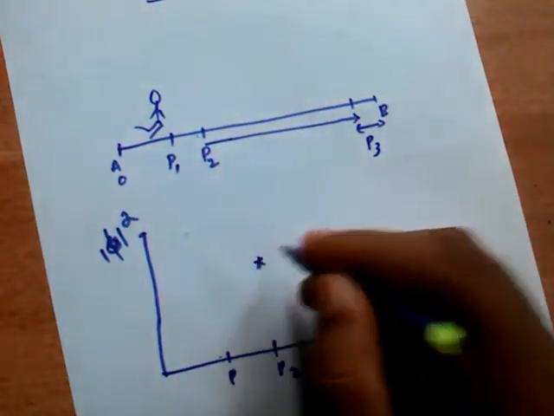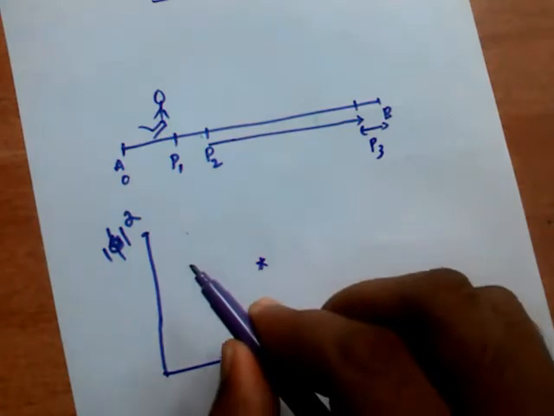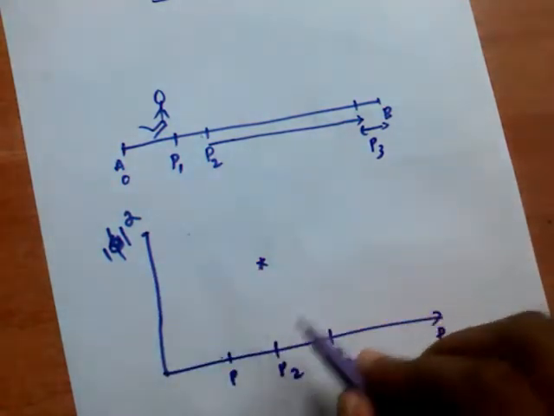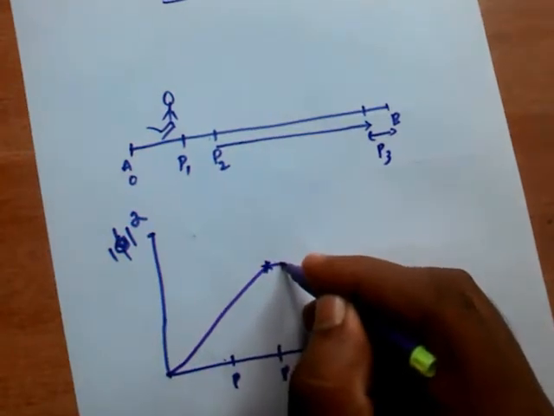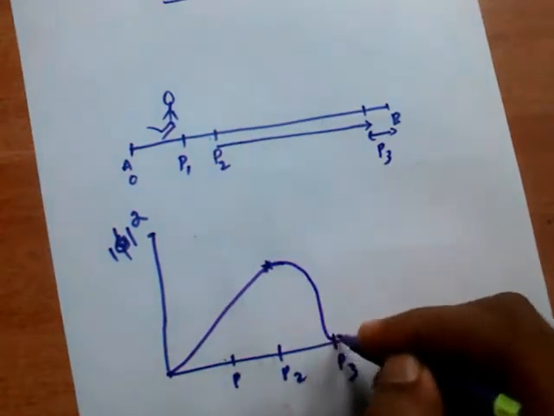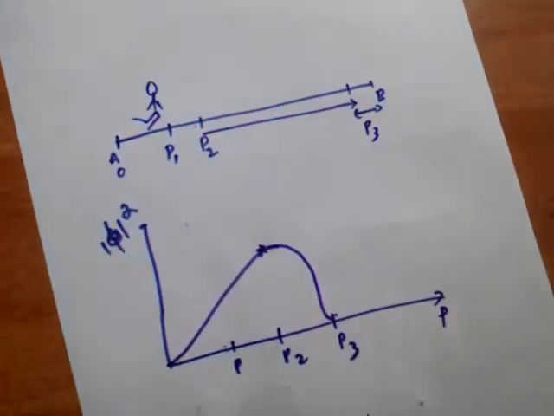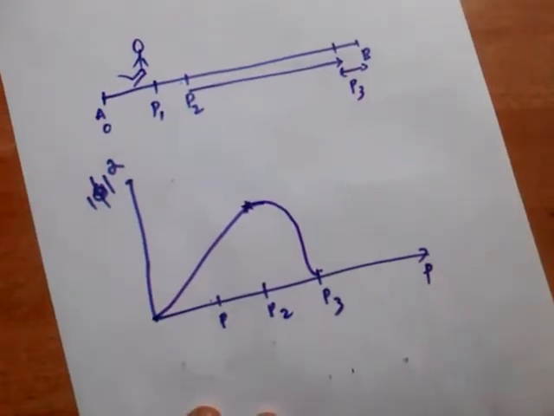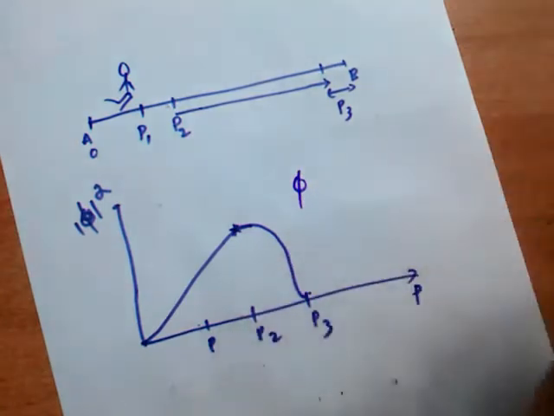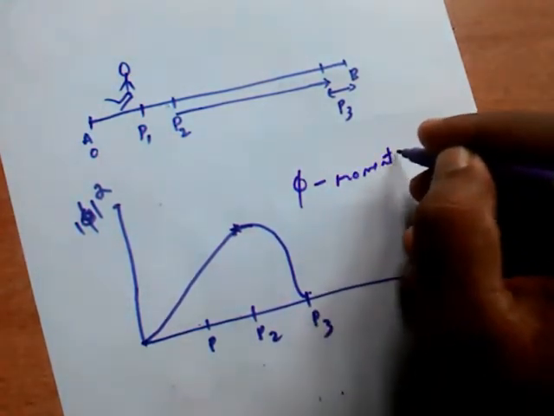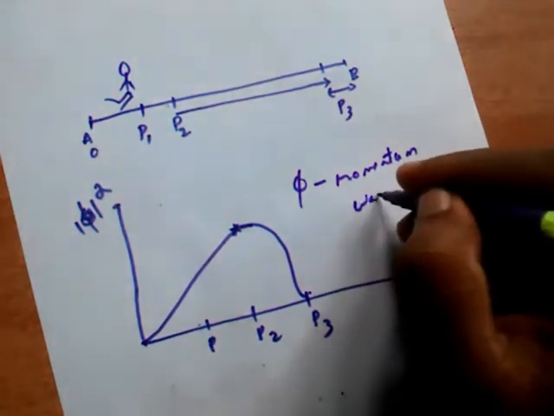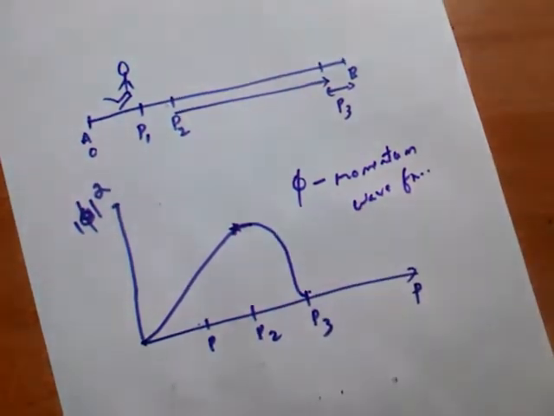So the maximum probability of the momentum of an athlete is P2. You can draw a graph like this. And I'm denoting this term phi as the momentum wave function.